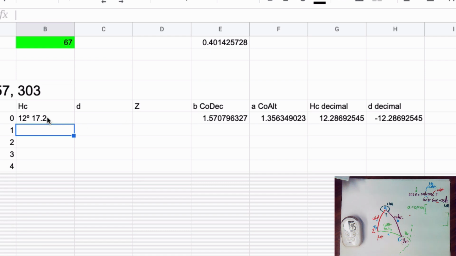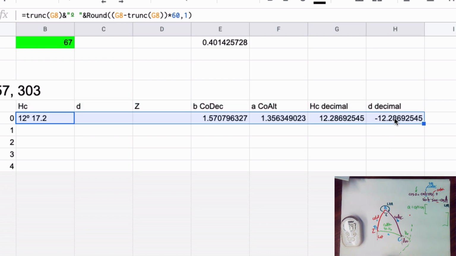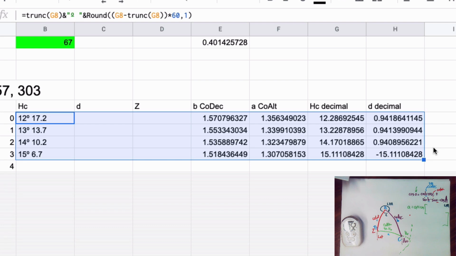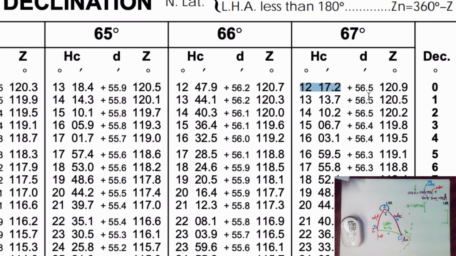Now, just for initial showing off, I'm just going to fill down a little bit. But we've got 12, 17.2, 13, and 13.7. Let's take a look at the next couple lines. In fact, let me actually capture this in a little image, so I've got to hit the right buttons on my keyboard.